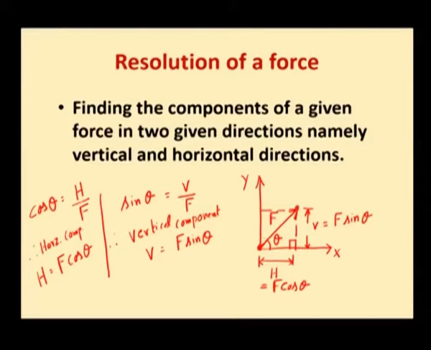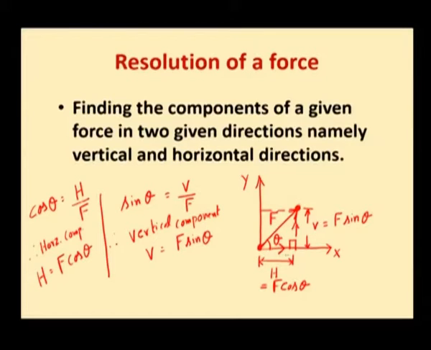Now, if you see the direction of F, the force acts from this point, that is origin, and it ends up here. So, the direction of horizontal component should be towards right and the direction of vertical component should be in the upward direction. So, to reach from this particular point to this particular point, we have to move horizontally and then we have to proceed vertically.